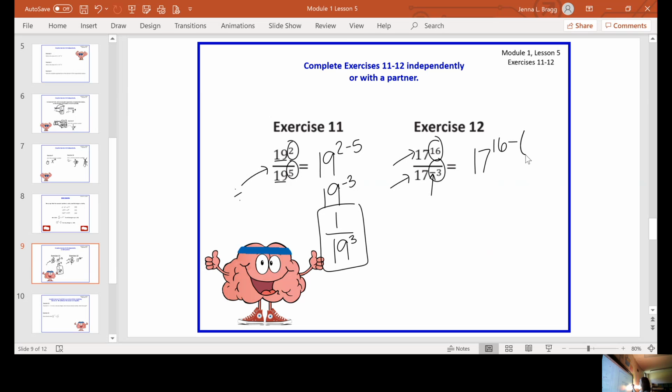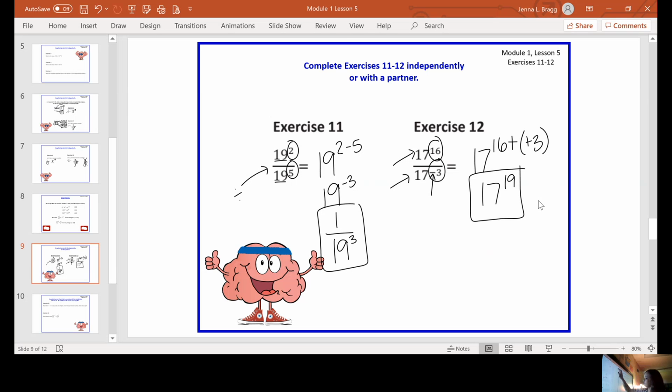So I have a subtraction sign and my negative 3. And you've learned before that when you subtract a negative number, you end up adding those. So you would get a final answer of 17 to the 19th power. You actually didn't have to transfer anything to your denominator for exercise 12.